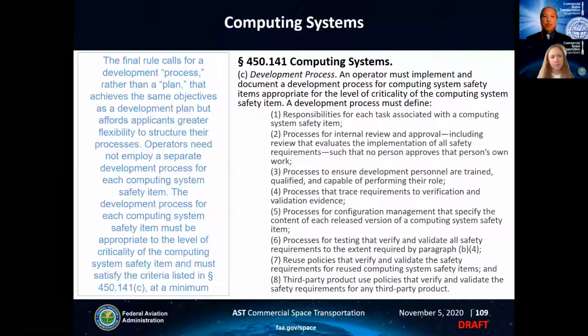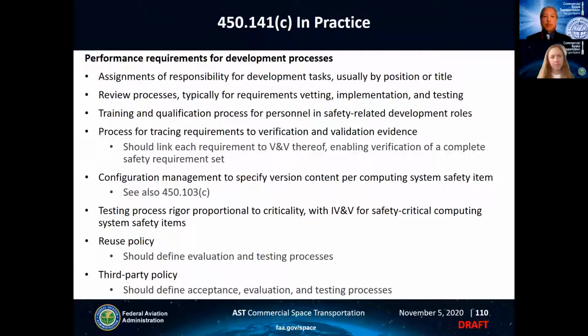But the key element here is that the development process used for each computing system safety item has to meet each of these components at a level that is commensurate with its level of criticality in the system. Next slide, we'll discuss a little bit more about each of these 8 parts.